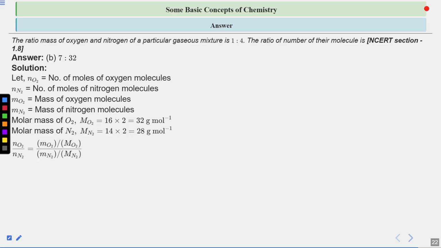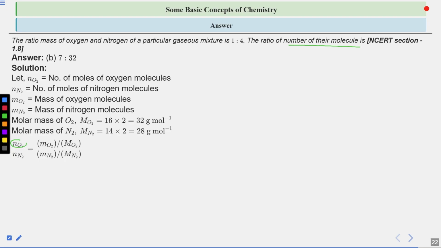What are we interested in? We are interested in calculating the ratio of the number of molecules of O2 to N2. So its ratio will be the same as the ratio of moles.